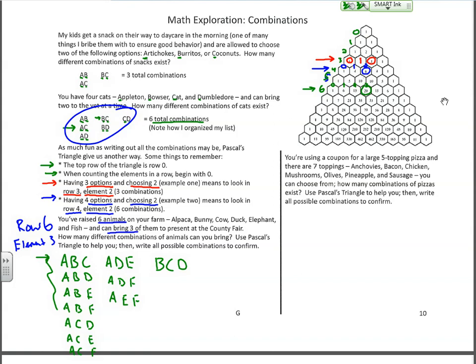Again, this is something where potentially on a MAP test or high school placement test, if you don't have Pascal's Triangle memorized or handy, which I wouldn't necessarily expect you to, writing out these combinations logically can be an option for you to figure out the total number.